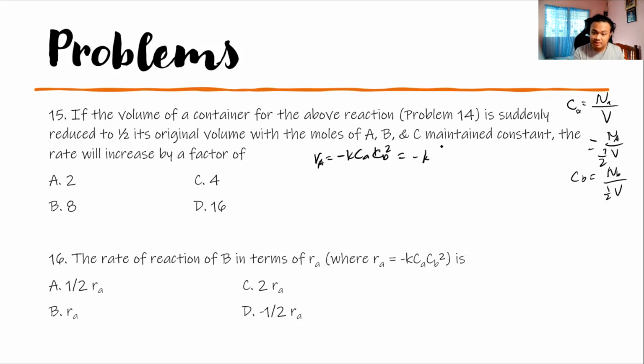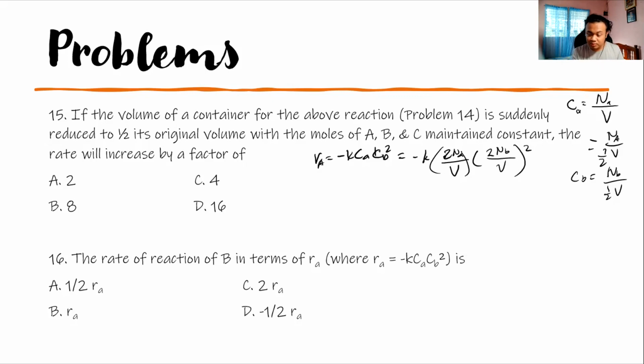So let's substitute that here. We have k, N_A over 1/2 V, and we can write the other as 2 N_B over V, with the 2 squared.